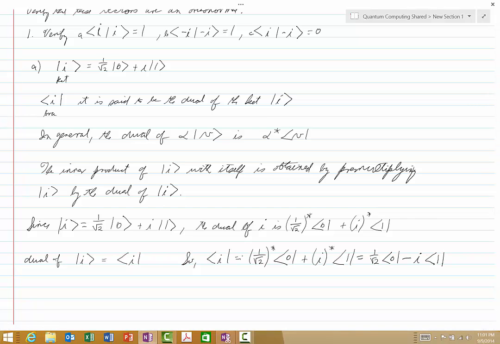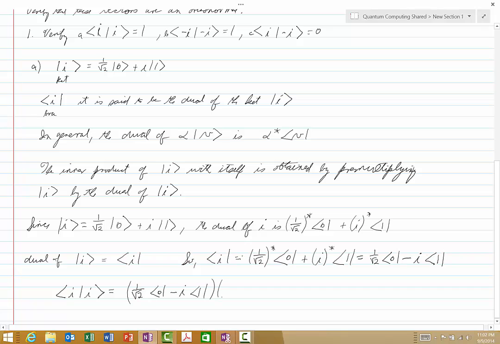And now to get the inner product of I with itself, we said we needed to pre-multiply I by its dual, so we have 1 over square root of 2, 0, minus I, 1.